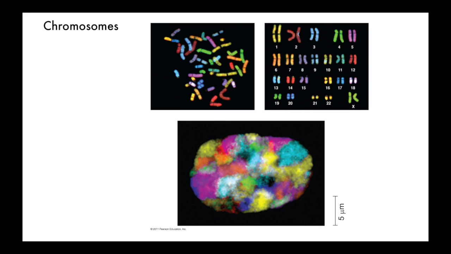So chromosomes, we got to talk about a little bit in chapter 3, I think it was, and I showed you this picture of how during most of the time in the nucleus, the chromosomes are uncondensed. They're kind of like cotton balls that have been stretched out. But then when they go to divide, they scrunch down into these structures called chromosomes.